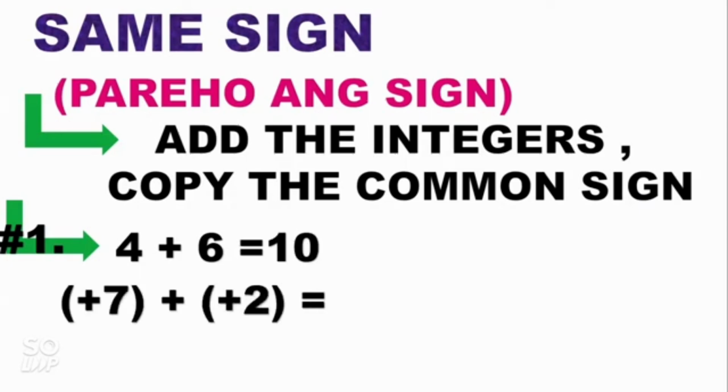Next, positive 7 plus positive 2. Pwede natin isulat as positive 7 plus 2. Sabi ko kanina, kapag walang nakikitang sign before the number, that is positive. 7 plus 2 equals 9. Copy the common sign which is positive.